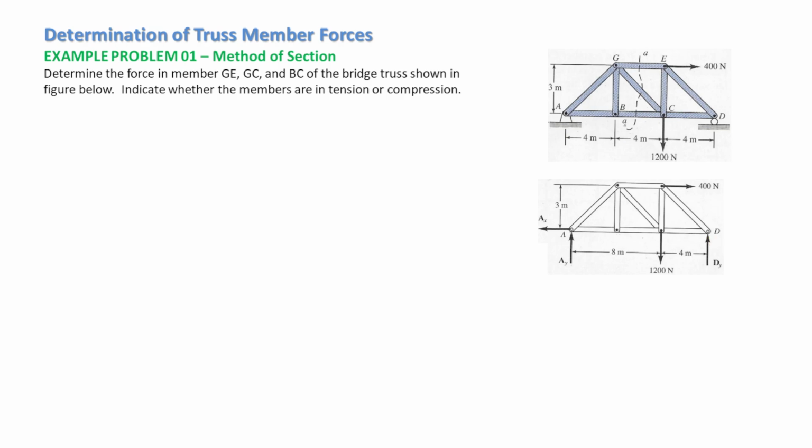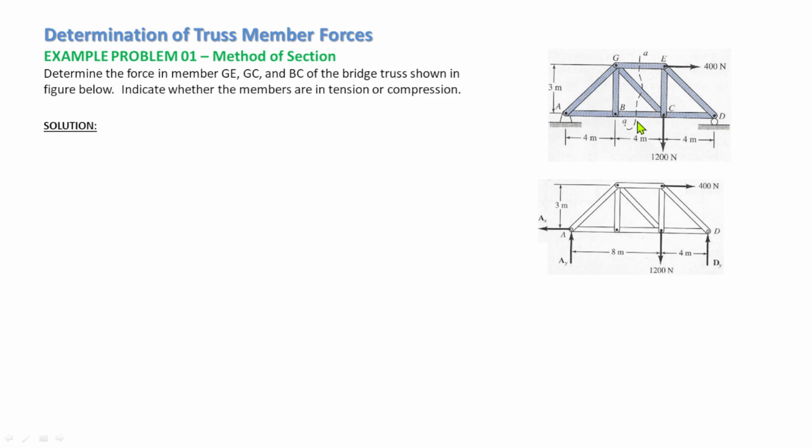So here in the method of sections, we will cut a line here through these three members, where we have three unknowns: GE, GC, and BC. Take note, guys, that when you cut a section, the maximum number of members that we can cut is only 3 members.